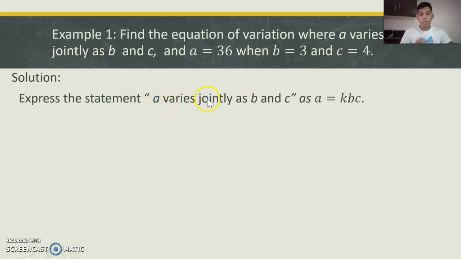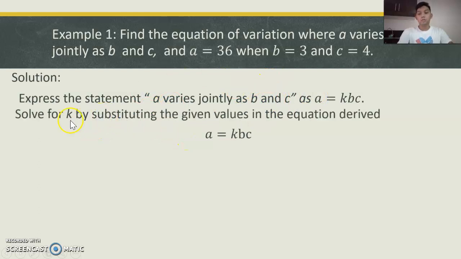So a varies jointly as b and c, therefore a is equal to kbc, where k is the constant. To solve for k, we need to substitute these three values: 36 for a, 3 for b, 4 for c. Here we replace the values.